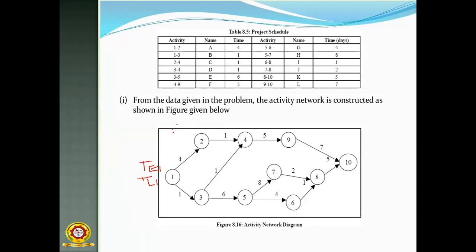Like this, for the second activity there is TE2 and TL2. Then TL4 and TE4. So like this you have to represent it. For each and every activity there is an earliest time and also a latest time.